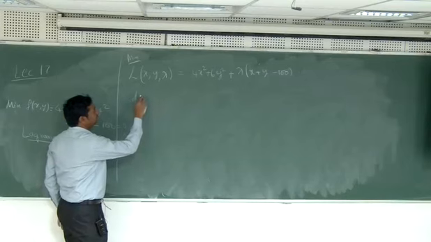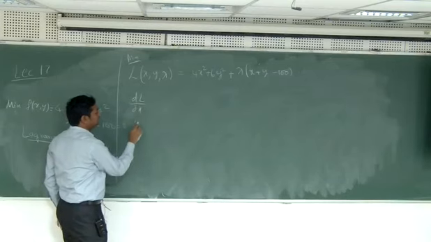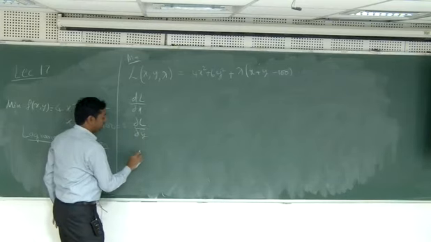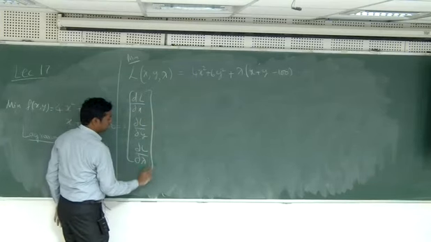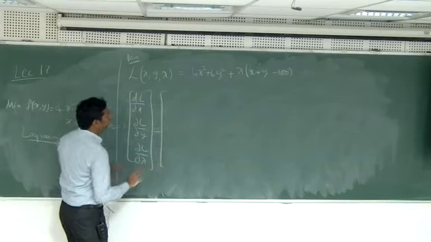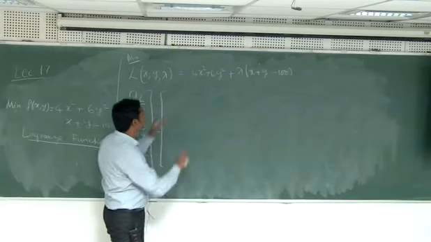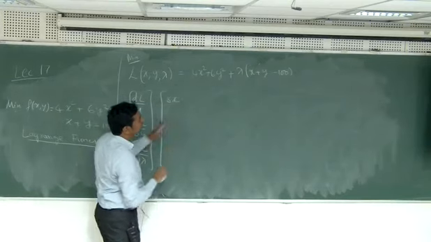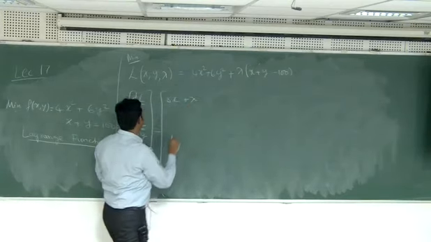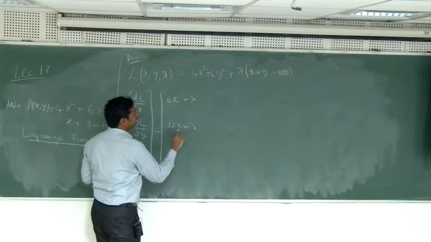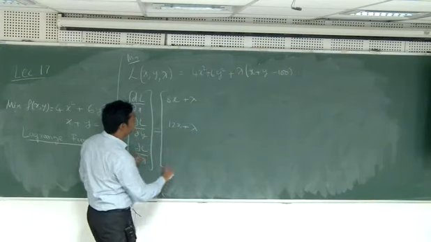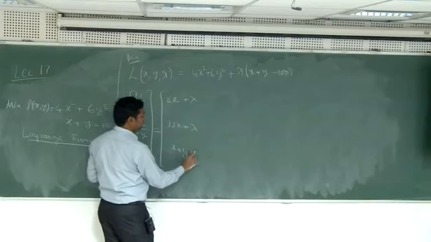dL by dx, dL by dy, and then dL by d lambda. Okay, so this is the Lagrange method. If I differentiate with x, I will get 8x plus lambda, and then here I will get 12y plus lambda, and then here I will get x plus y minus 100.